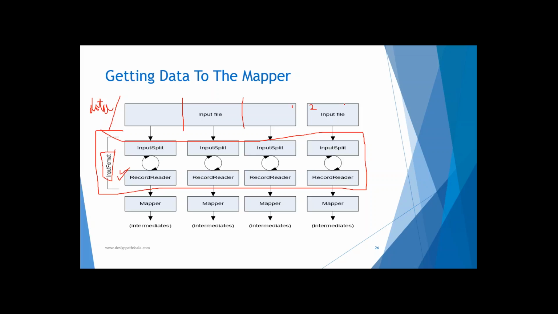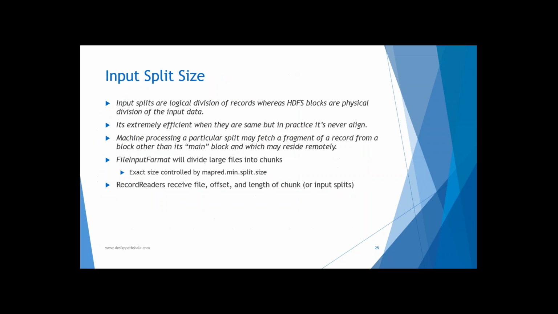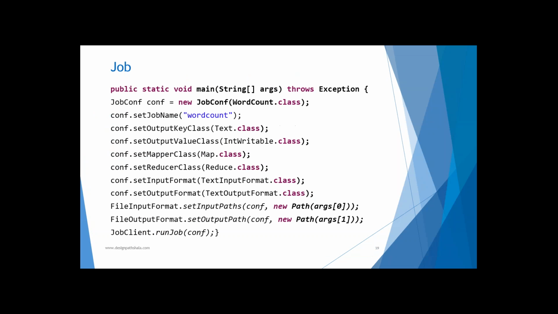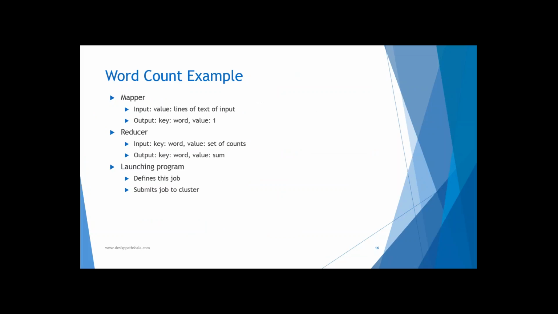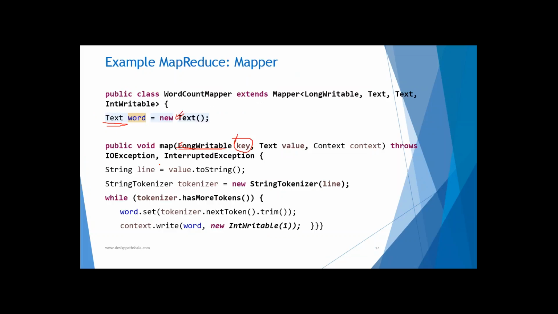So for the first, bigger file, the inputs run separately on the 3 blocks. For each block, almost one input split will be made, the logical division of the data on that input. For each split I told you there is one mapper, and there is a map function in the mapper.